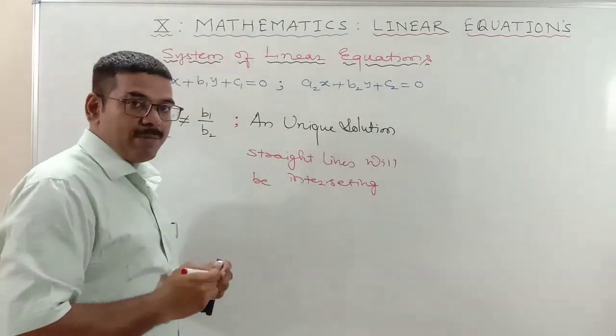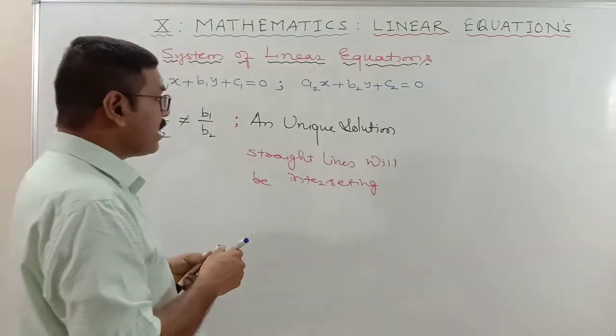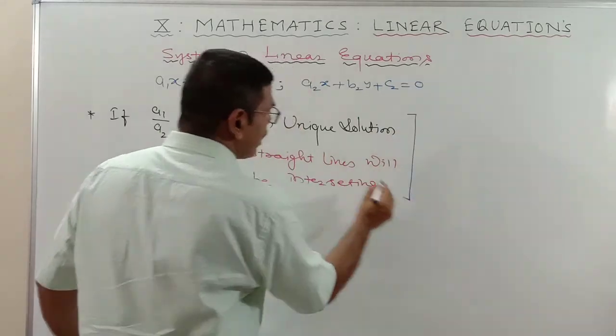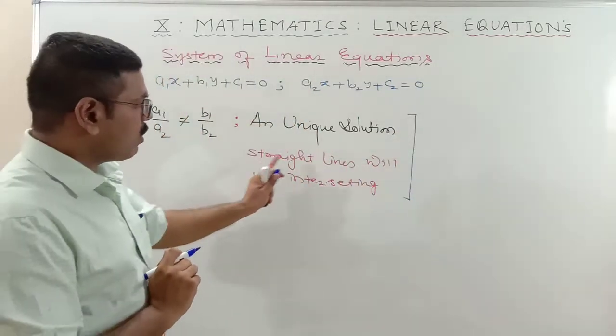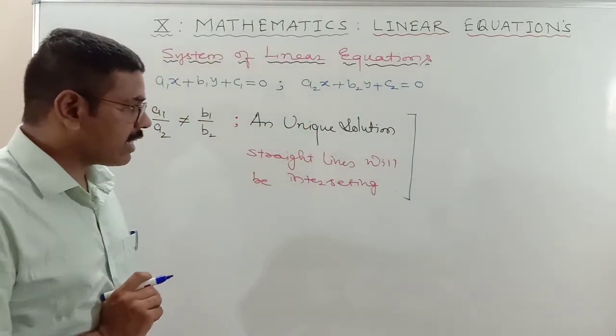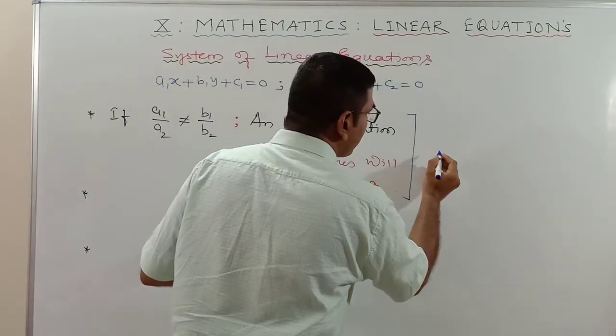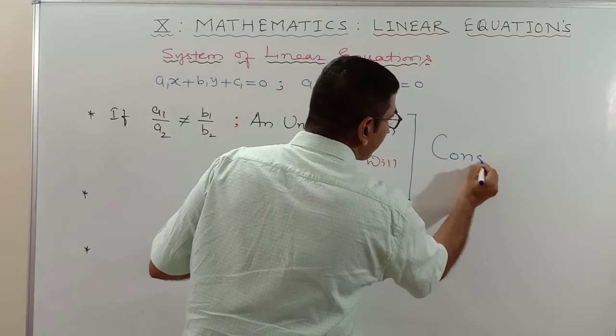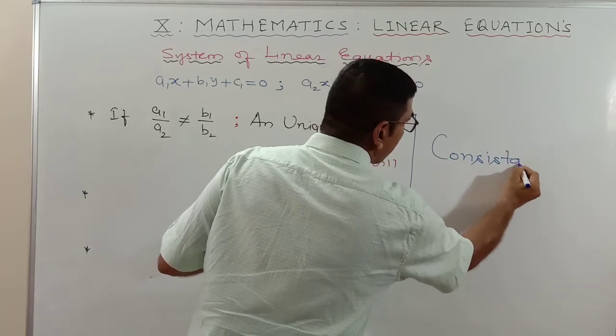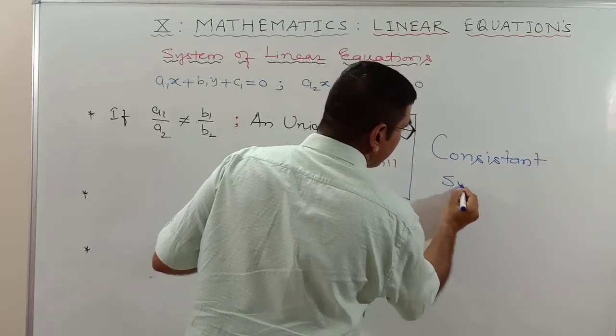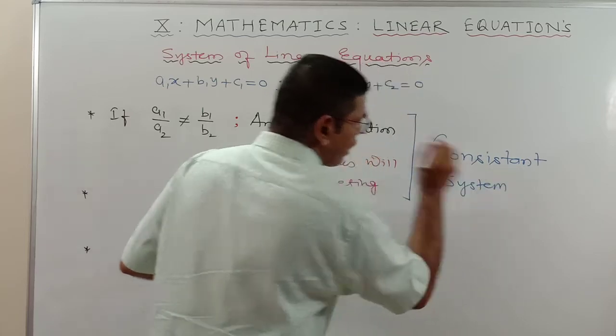The straight lines will be intersecting, and that kind of system where it will have a unique solution, when the straight lines will be intersecting, that system will be called the consistent system. Consistent system. Is it clear?